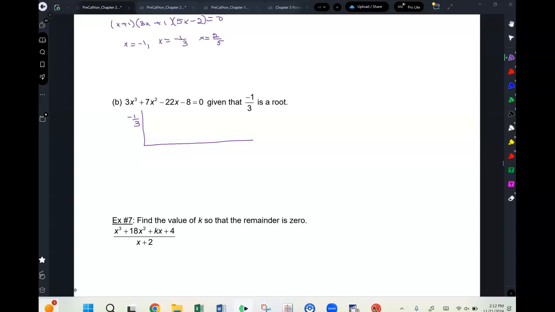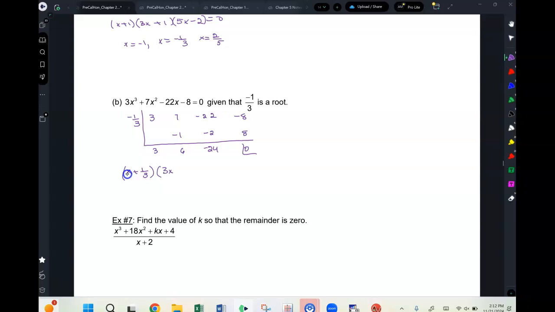Okay. 3, 7, negative 22, negative 8. 3 comes down. I got negative 1, 6. I got negative 2, negative 24, 8, 0. So here I got x plus 1/3.